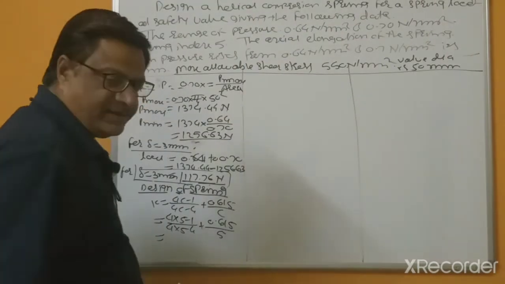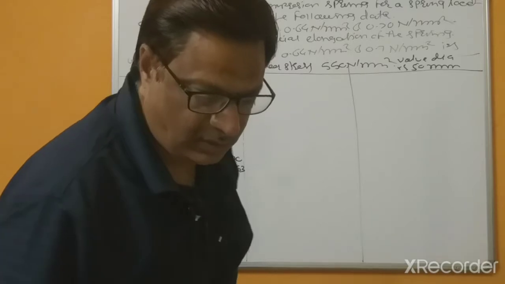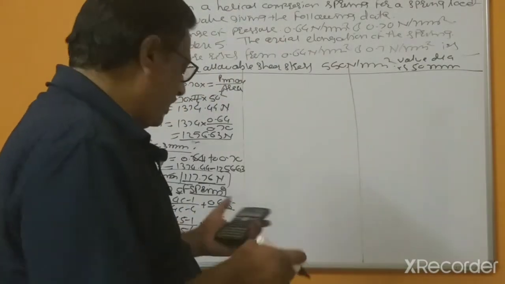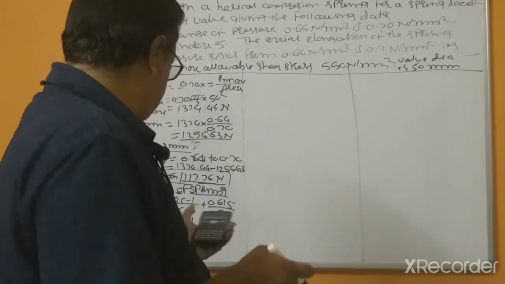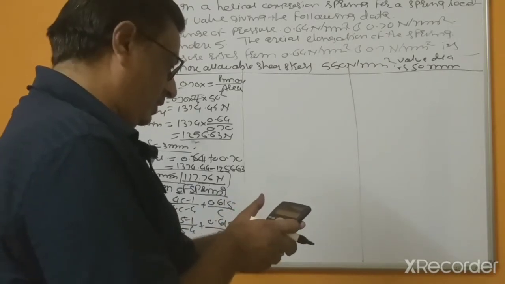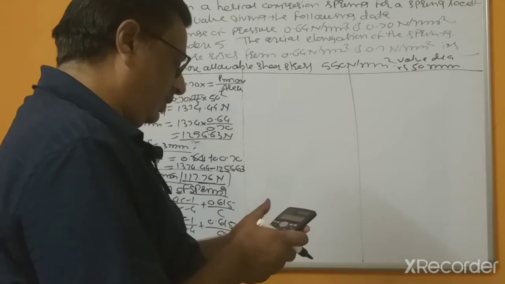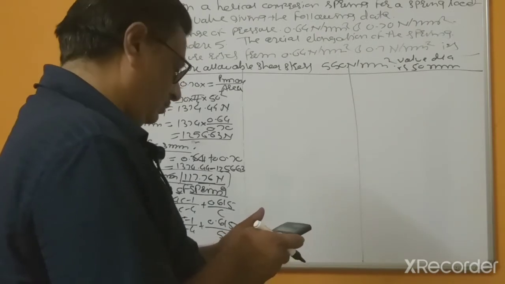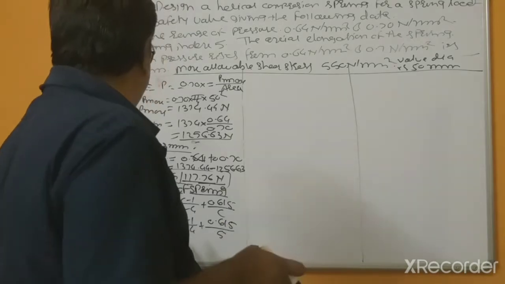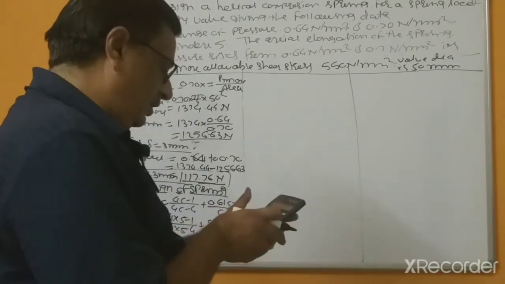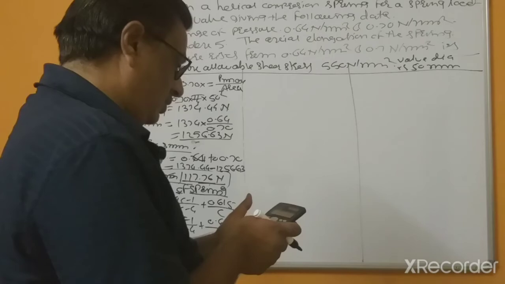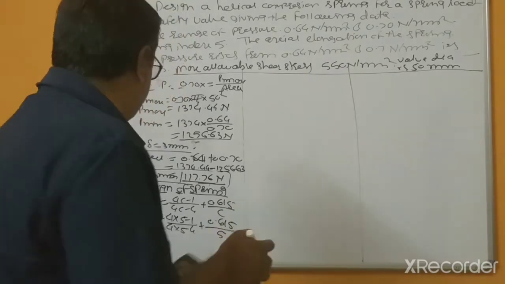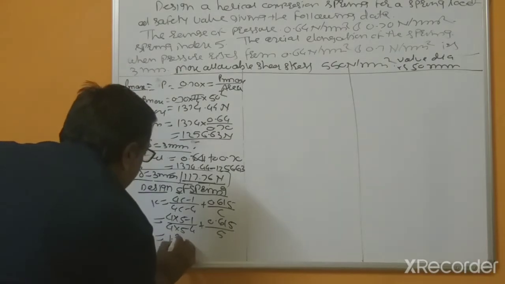Otherwise we will calculate it: 4C minus 1 is 19, 0.615 divided by 5 is 0.123, plus 19 divided by 16, equals 1.310. This is correct.